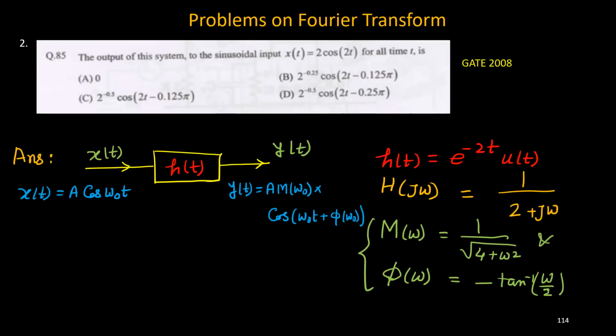We can discuss this in detail in one video. Right now we'll use this form. For this one, A equals 2 and ω₀ also equals 2 radian per second.